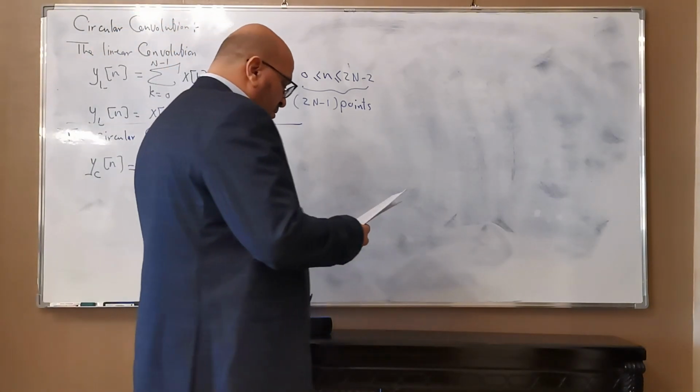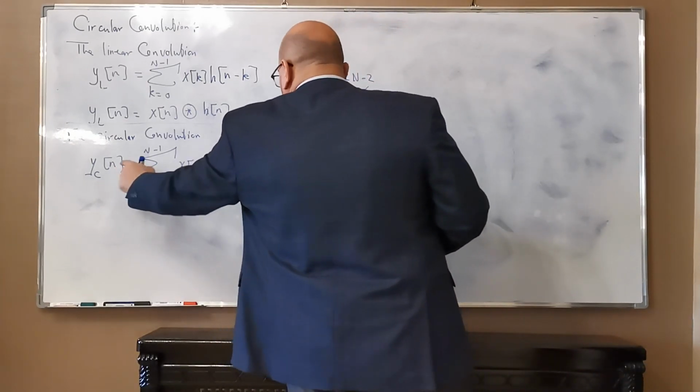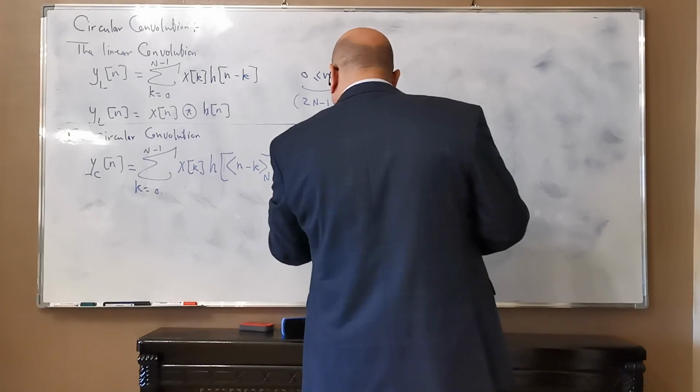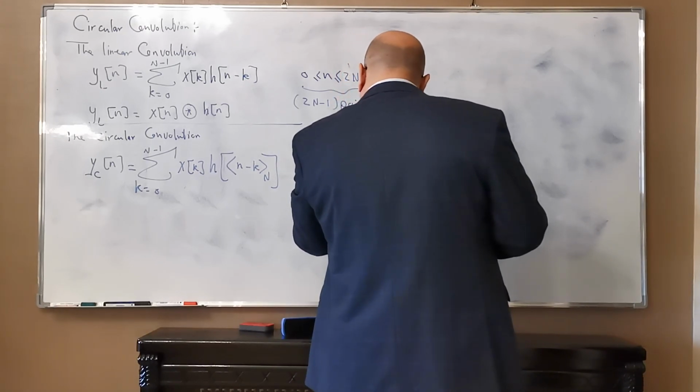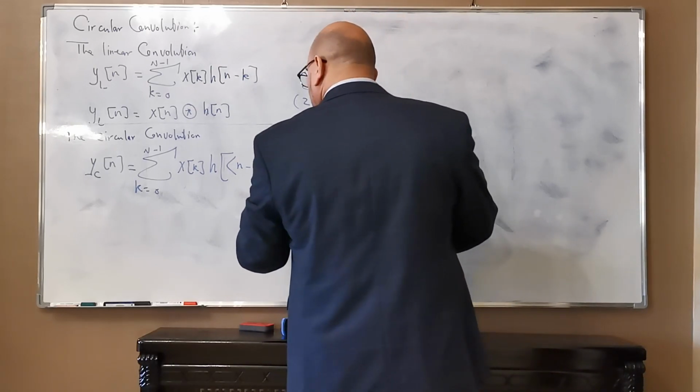Okay, the very important point here is that your y of n is only valid between 0 and n minus 1. So you have n-point convolution.